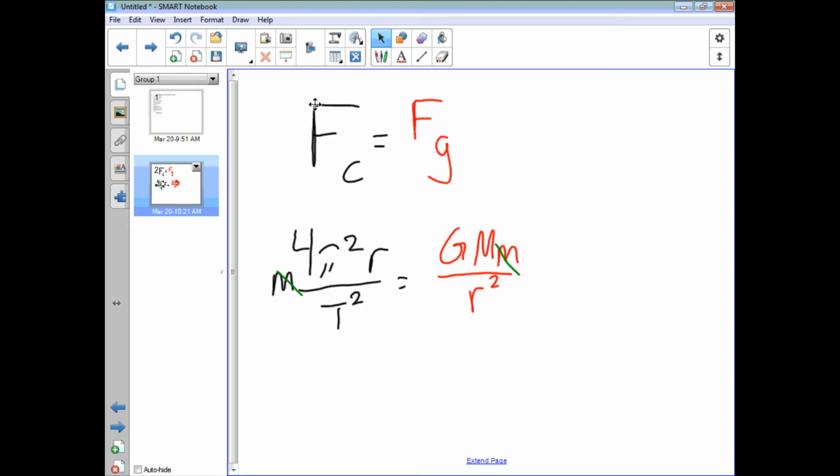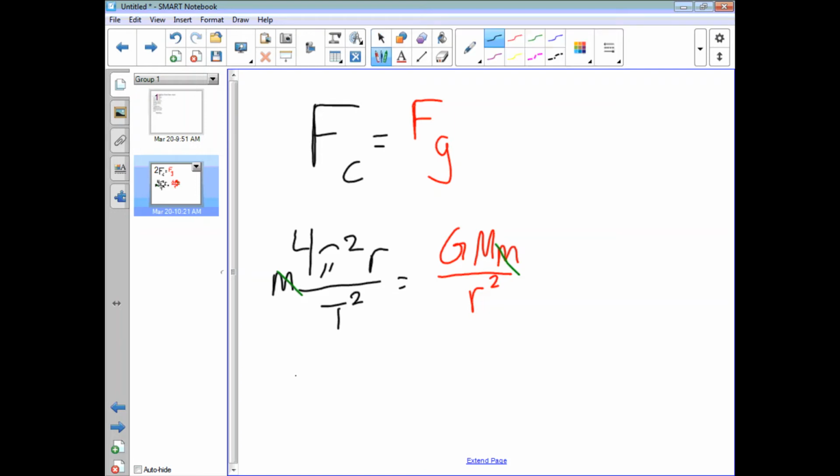But I can solve for various things. I can solve for r if I'd like. I could solve for m if I'd like. In the previous slide we were just looking at, I had solved for r. Okay, so let's rearrange things and solve for r. What would I do first? I can't cancel anything else out, but I can cross multiply, yes.